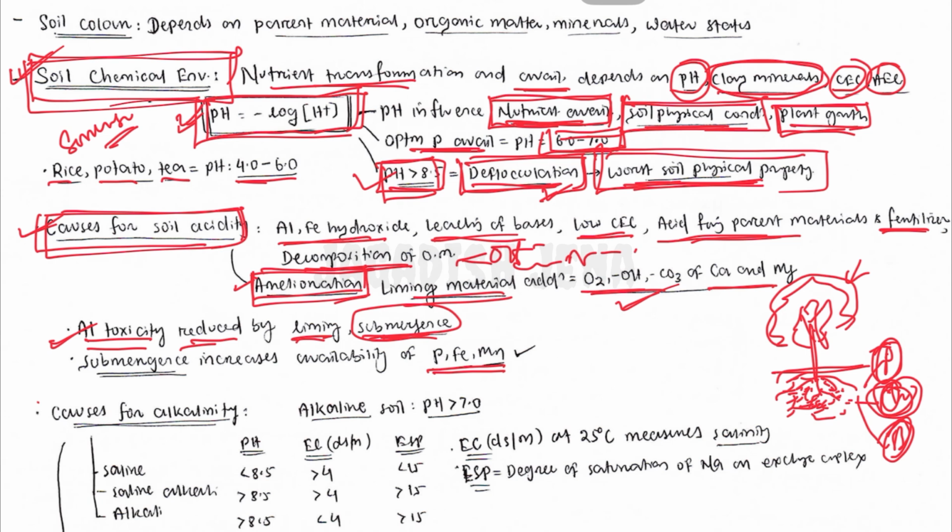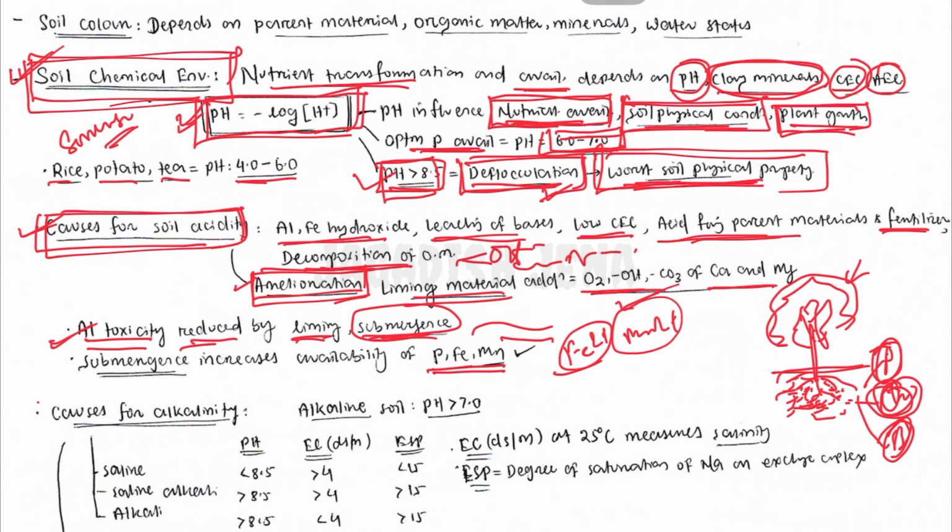Then iron and manganese are more available in reduced condition, that is, Fe2 plus and Mn2 plus form. These are the reduced forms of iron and manganese. So when we go for submergence, the iron and manganese come to the reduced form.